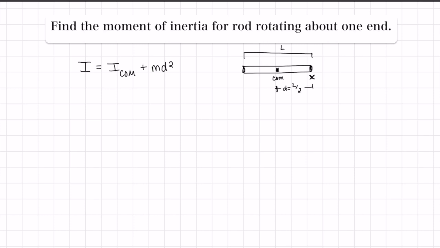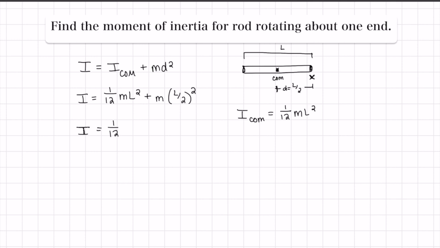And looking up in the table of common moment of inertia shapes, we'll have that the I center of mass for a rod is 1/12 mL squared. So we will just go ahead and substitute in 1/12 mL squared plus m times L over 2 quantity squared, and then we will simplify this expression.